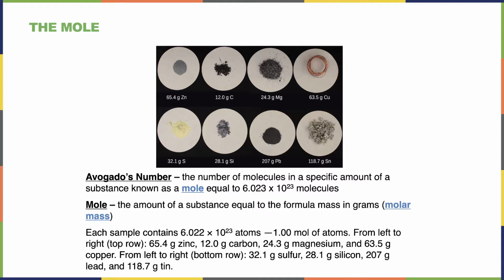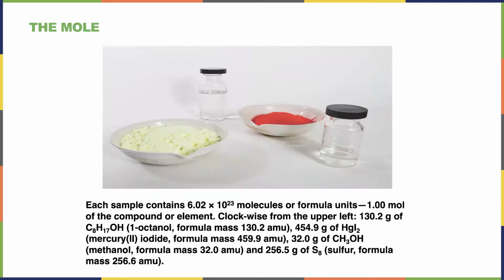And you can see that some are big piles of stuff, others are smaller piles of stuff, some is powder, some is wire. But in every case, there's the same number of atoms represented. So each of these samples here also represents 1 mole of the sample.